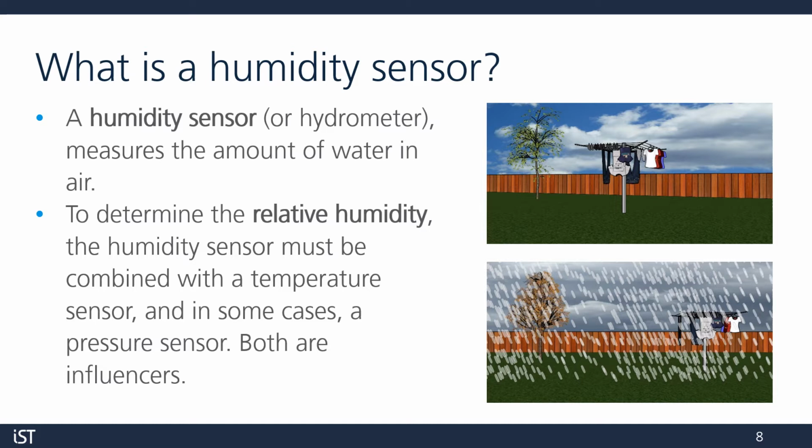You can learn more about temperature measurement in our temperature sensor webinar. Pressure is also an influencer, so we'll want to measure this as well so we can calculate the relative humidity. For this presentation, we'll just be working with air at 1 atmosphere pressure.